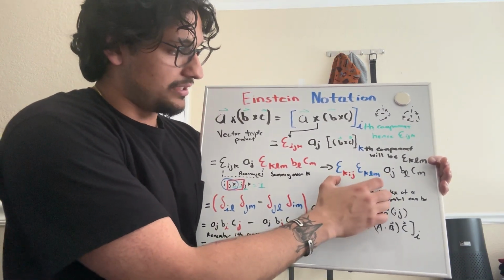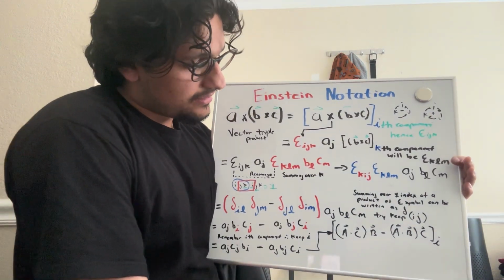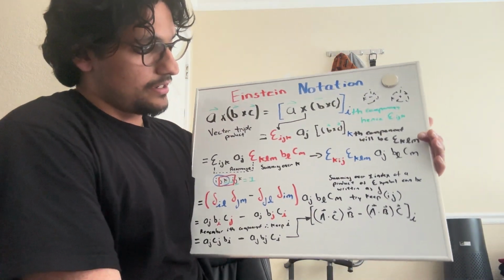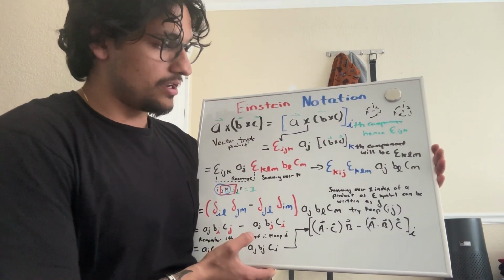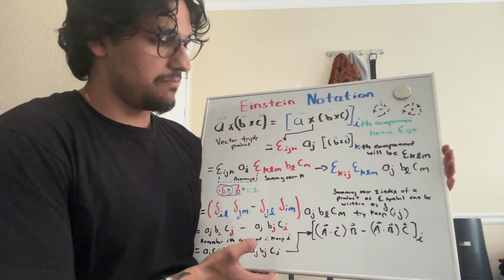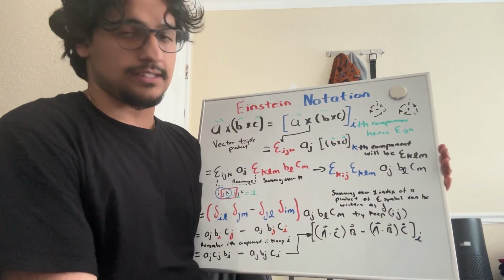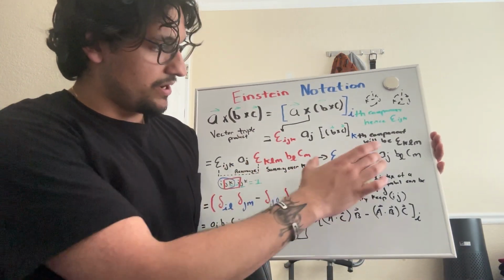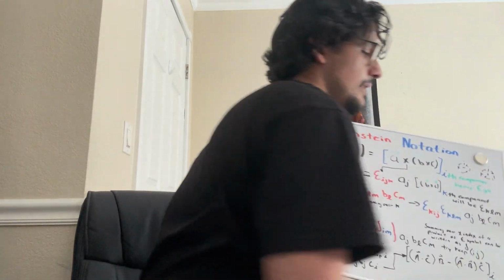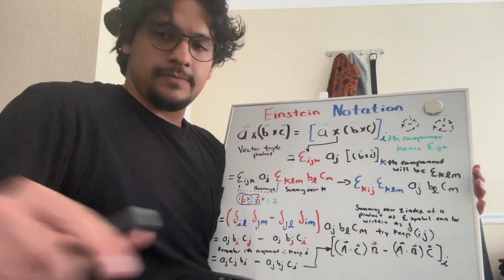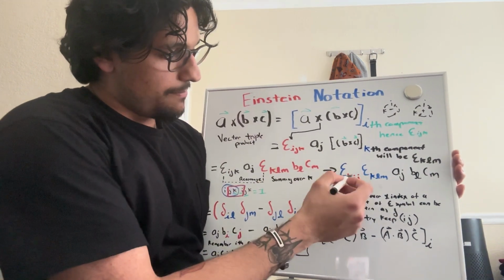And now you have put these together, and this shows that summing over one index of a product of epsilon symbols can be written as Kronecker deltas, by matching these symbols.